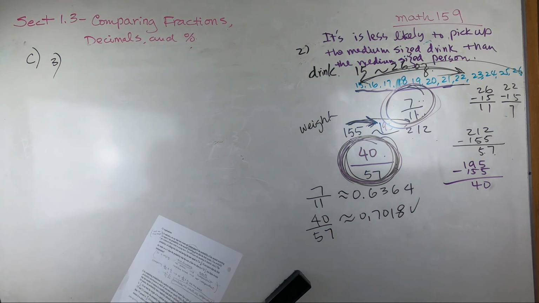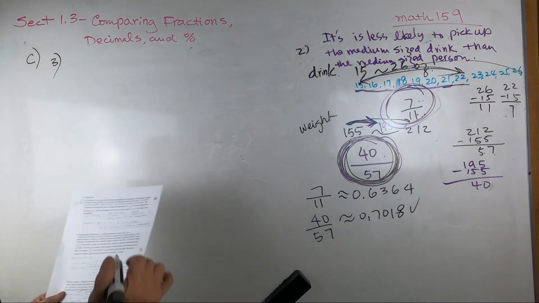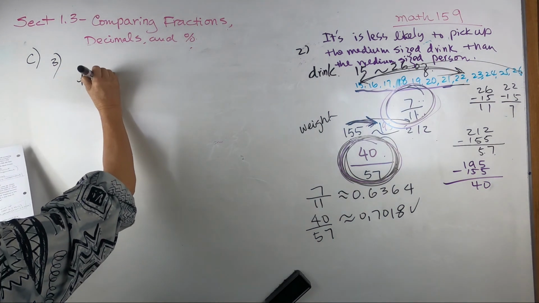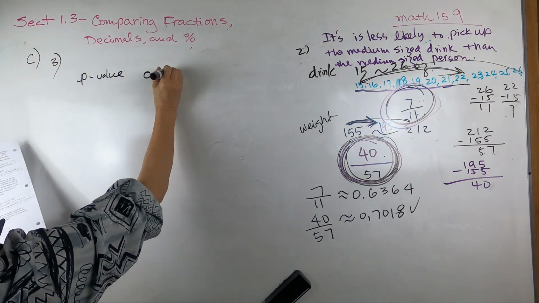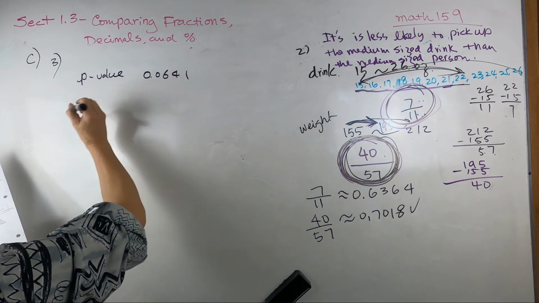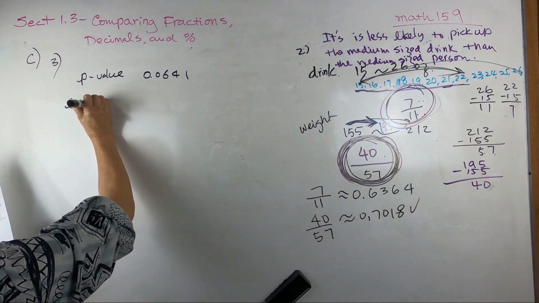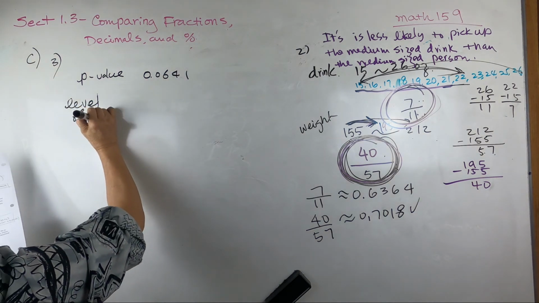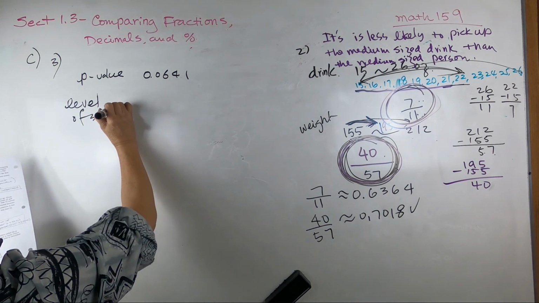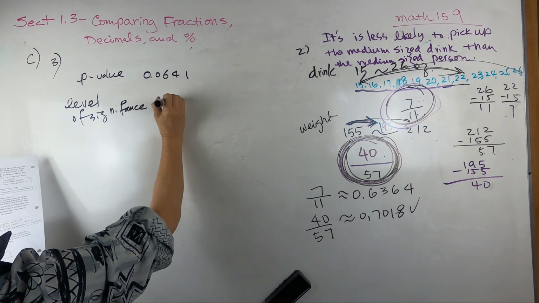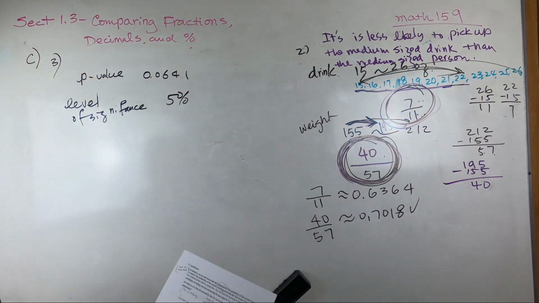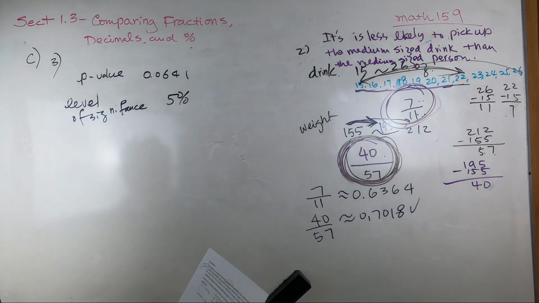And suppose you get a p-value of 0.0641. Another one is something called level of significance, right? Which is what? 5%. But you understand the question. Question says compare these two values.